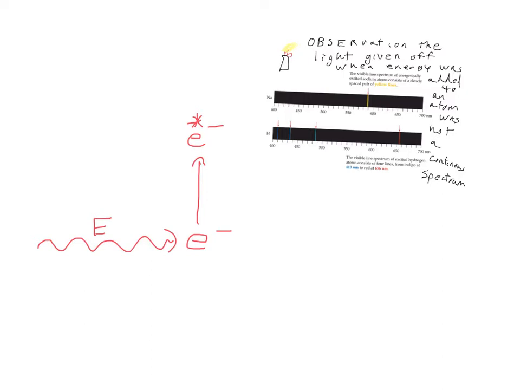Same way for an electron. After it runs around for a while, it gets awfully tired, and it falls back down to a lower energy state. Well, energy can't be created or destroyed. So when the electron falls back down to a lower energy state, it emits some electromagnetic radiation. In other words, it emits some light.